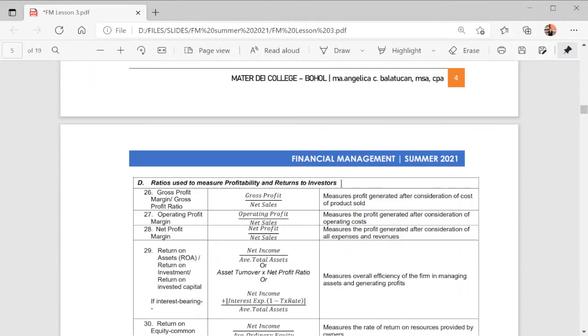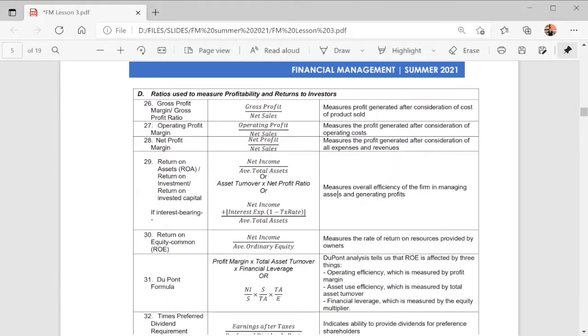Then we also have profitability measures. Very common is gross profit margin or gross profit ratio, gross profit over sales. Of course, you determine here how much we initially generate after we deduct the cost of goods sold.